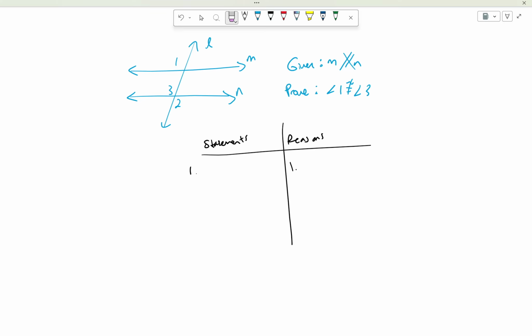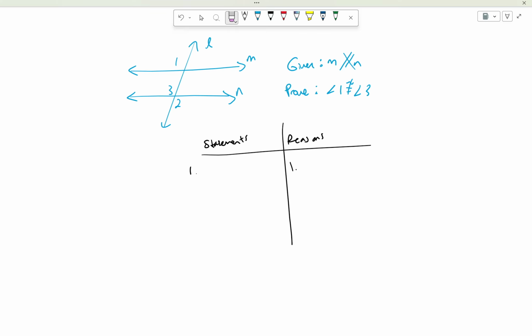Instead, we're going to make an assumption about the opposite case being true, and then when we do that, it's going to indirectly, in reverse, prove what's given here.